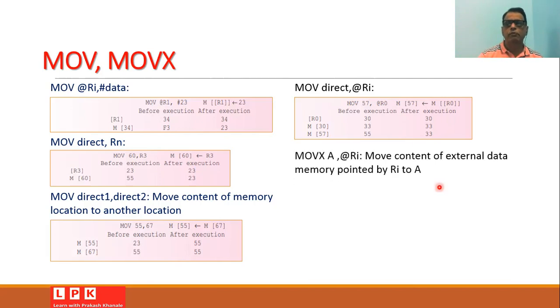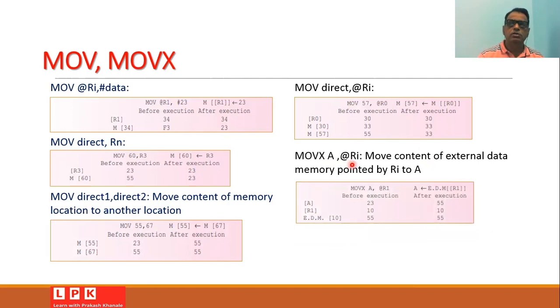It is possible that you can move the content of external data memory pointed by Ri to the accumulator. And for this, you can make the use of the instructions such as MOVX A, @Ri. So X will stand for external.